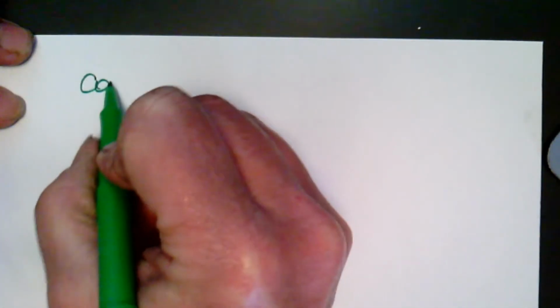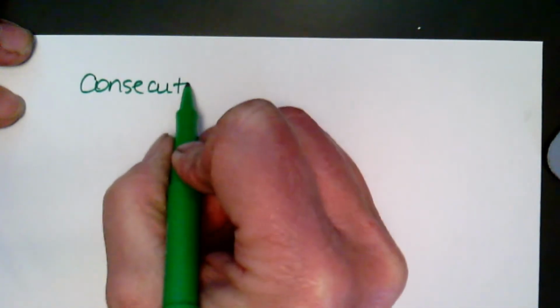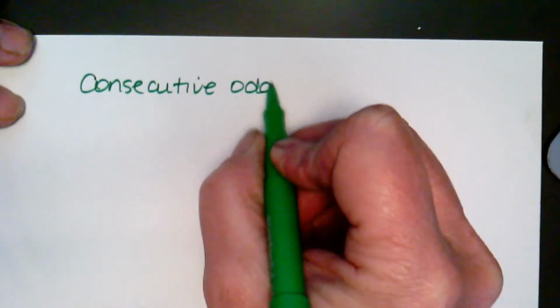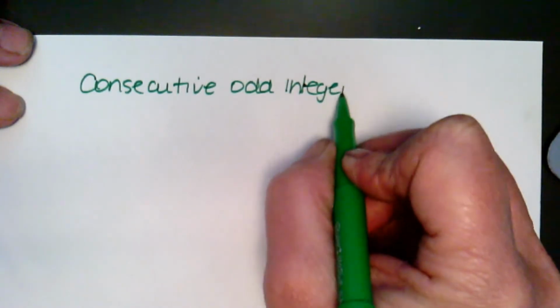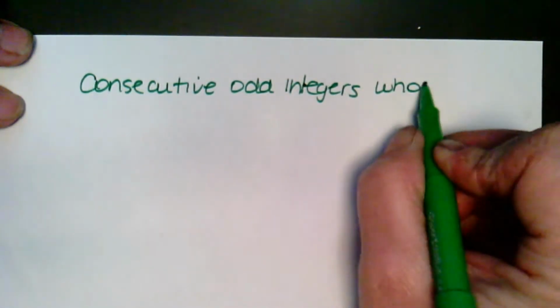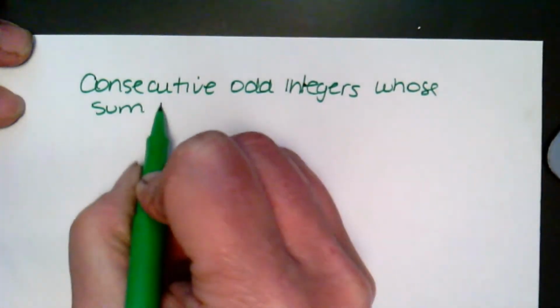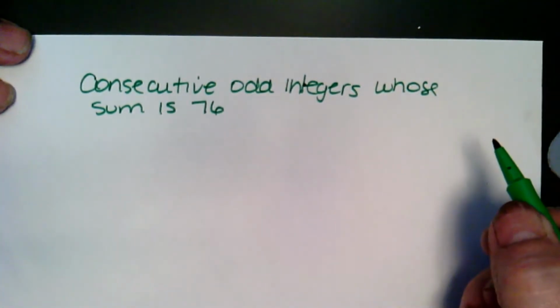So let me do one that talks about consecutive odd and even numbers. It says the number of home runs by player A and player B for the season are consecutive odd integers, which means whole numbers, whose sum is 76.